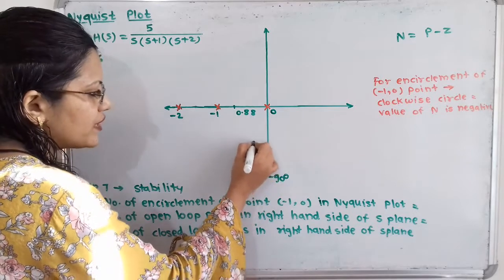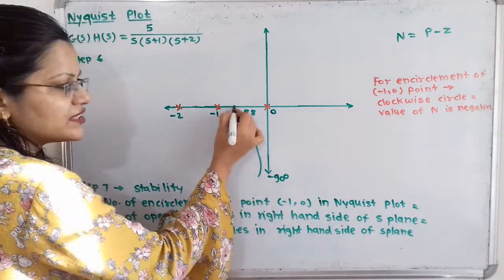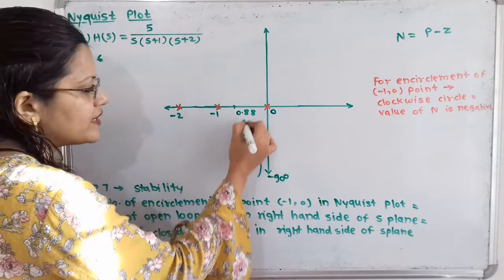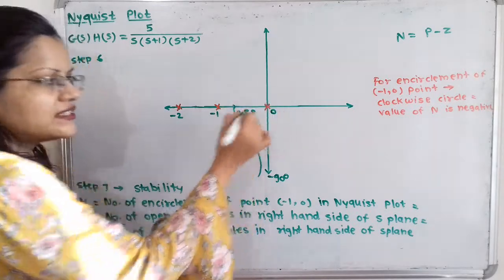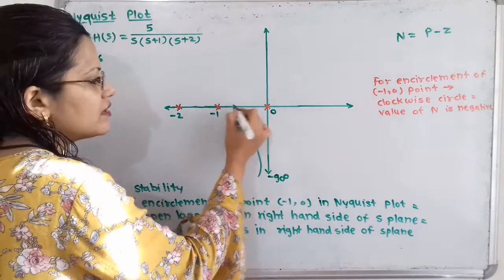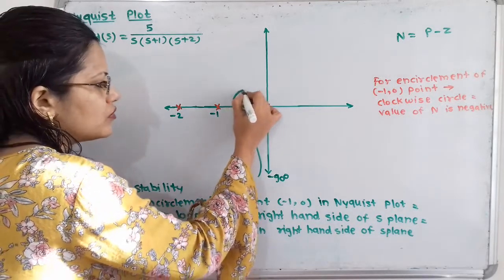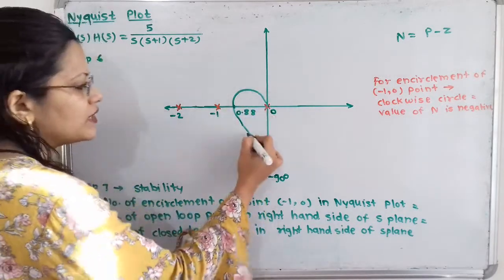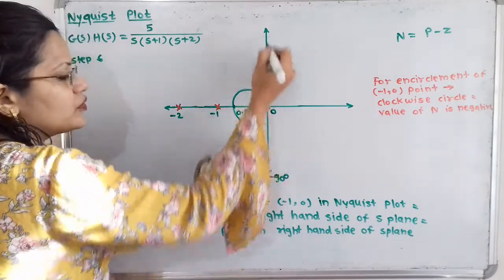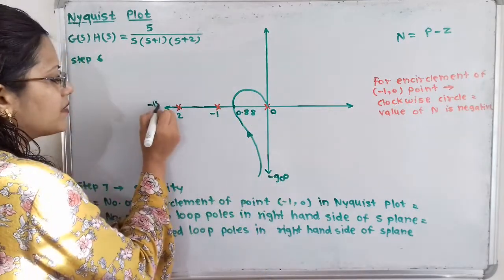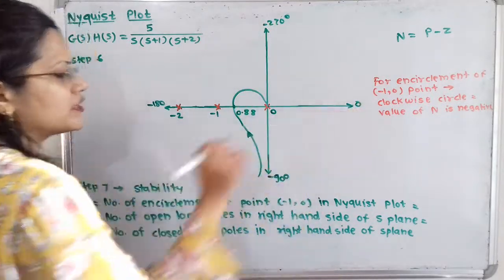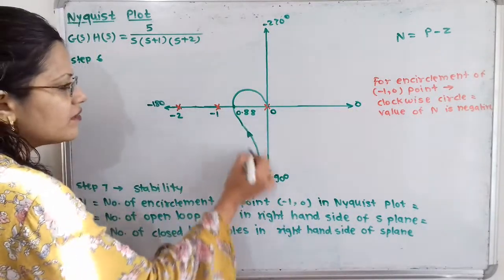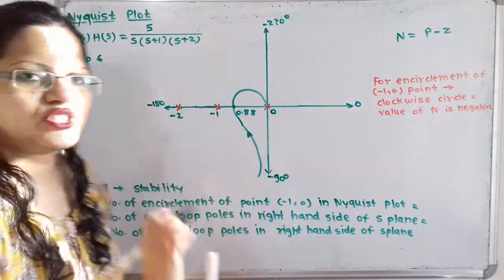Then it moves, and the point of intersection is 0.88. So we have to show 0.88 here, and it ends at the origin in this way. We have to show the arrow also. So here minus 90, minus 180, minus 270. We have to show the angles also. So here is 0. This is the plot for section C1.